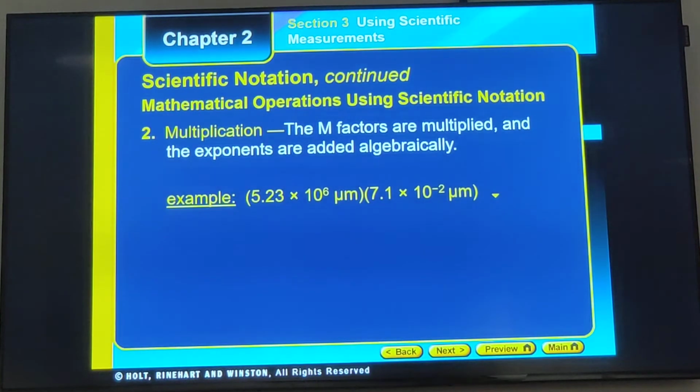On your calculator, you'll just put in 5.3 times 10 to the 6th.